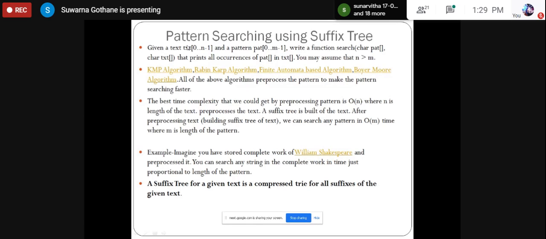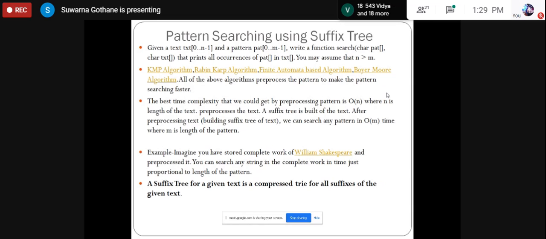Definitely the thing you are searching in should be lengthy, or of more size. That's why we write, assuming that n is greater than m. What do we write over here? N is greater than m. M means the pattern or the particular text which you are interested in searching from the huge size of document.